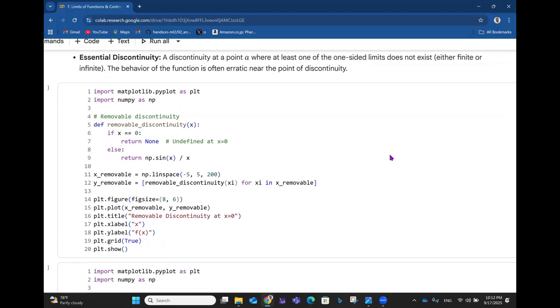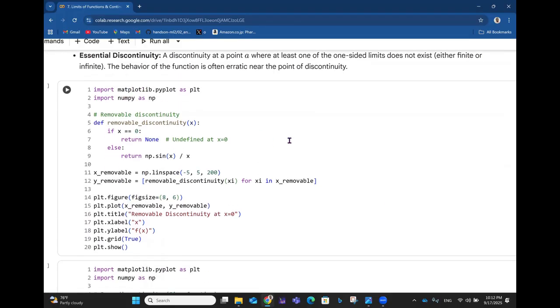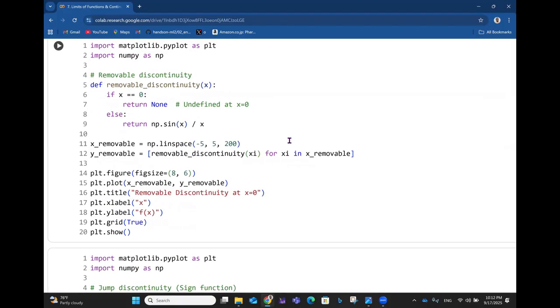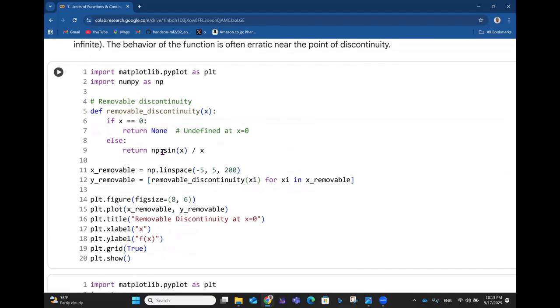To demonstrate that now, I have this Python code to show, for each of them. The first one is for removable discontinuity, for something like sin x over x, as you see in line 9. Of course, we are using matplotlib and numpy. We define a function, removable discontinuity. If x is 0, then return None, which means it is undefined at x equals 0. Else, return np.sin(x) over x.